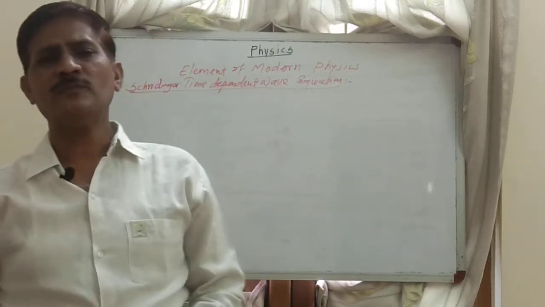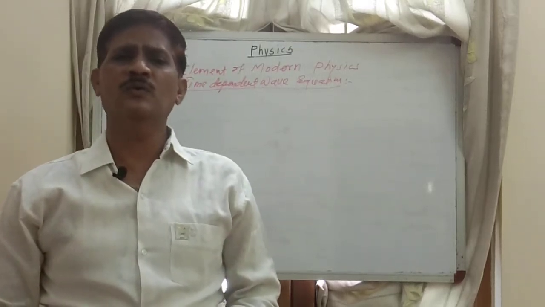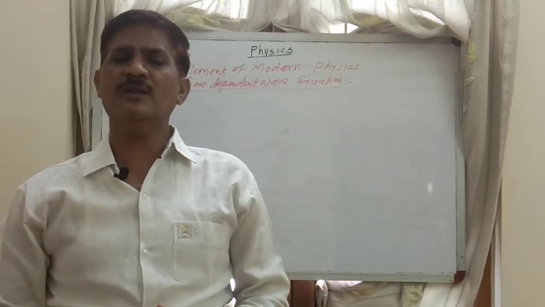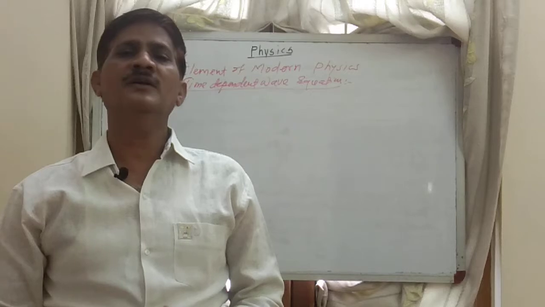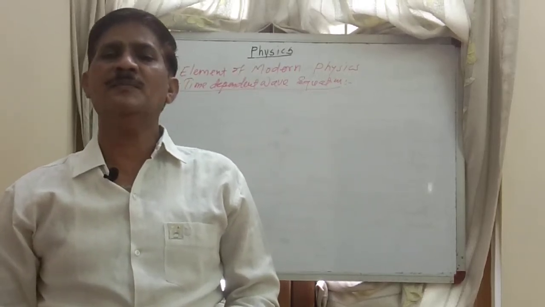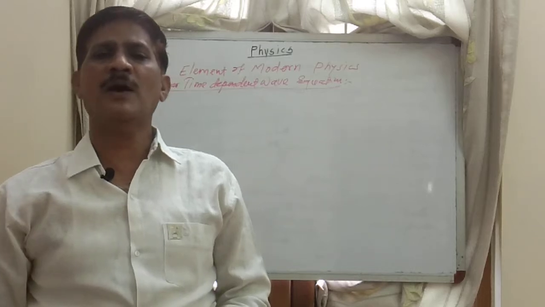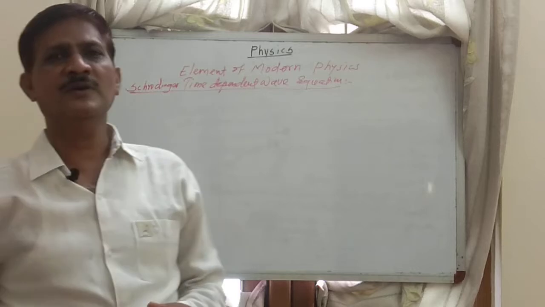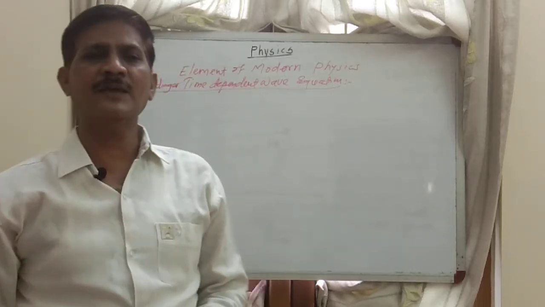When the free particle moves along the positive x direction, its motion is the same as simple harmonic motion, and in quantum mechanics it is given in the form of a wave function psi. The psi is a function of the space coordinate and the time coordinate.